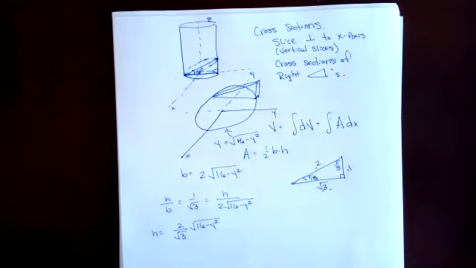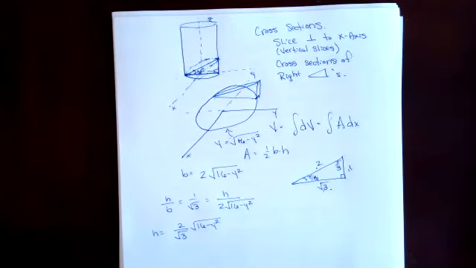Everyone see how I got that? So just remembering all your trig. We didn't even need trig for that, really just ratios of similar triangles. And if you want, you can rationalize the denominator. I'm not going to worry about it.